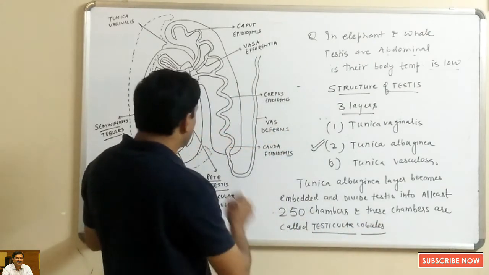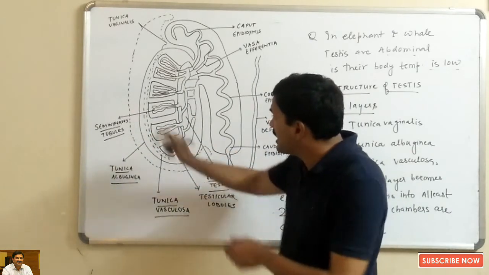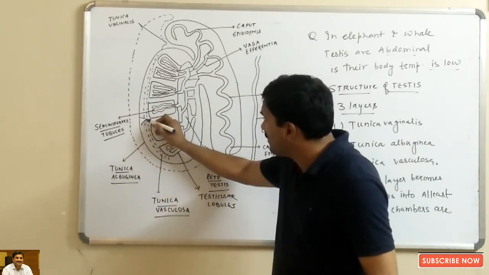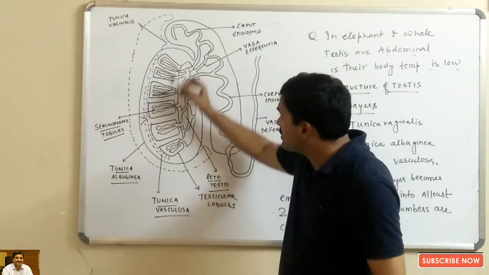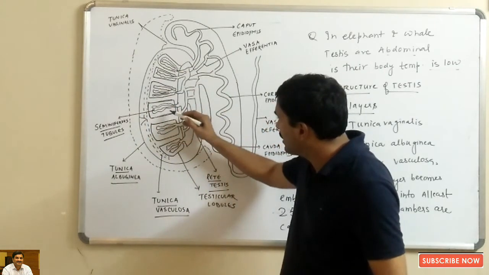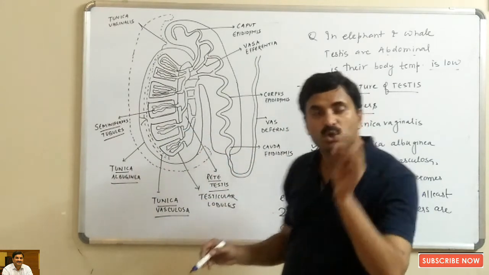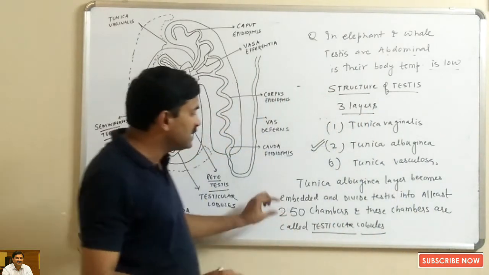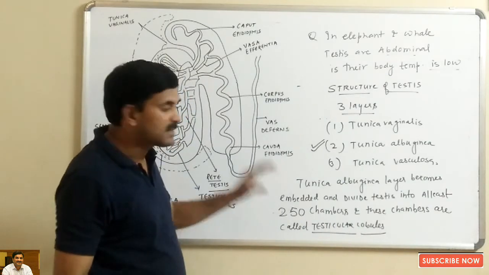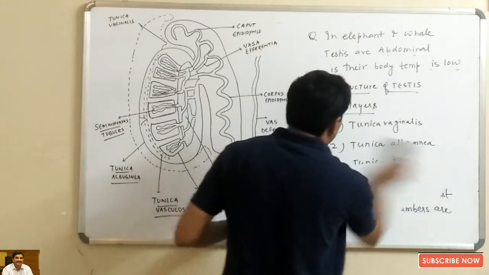You can see in the diagram that the tunica albuginea becomes embedded and divides the testes into chambers. This is one chamber, like this. In each testis there are at least 250 chambers, and these chambers are called the testicular lobules.